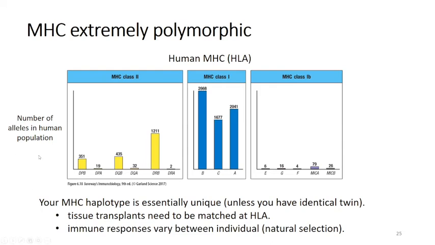So if you look at the class 2 molecules, there are over 1,200 different DR beta chain alleles in the human population. Class 1 MHC molecules, known as A, B, and C, are even more polymorphic, there are thousands of them out there.